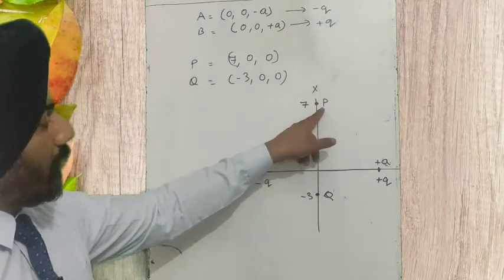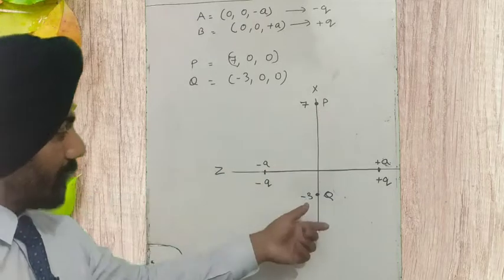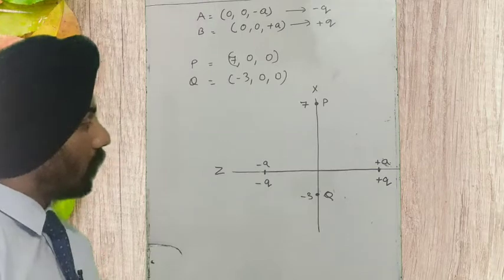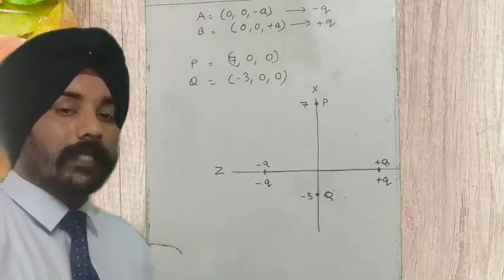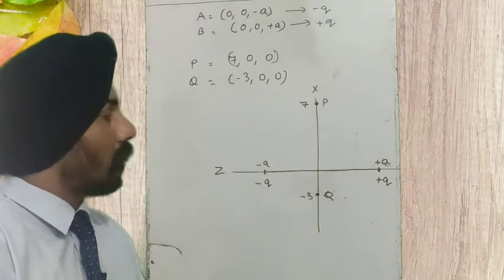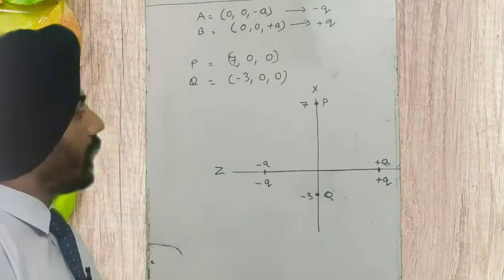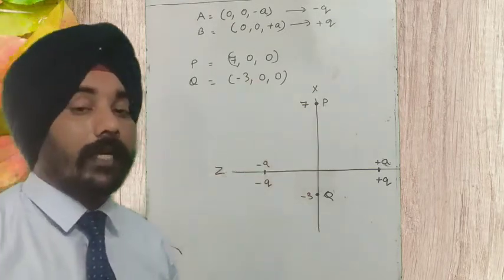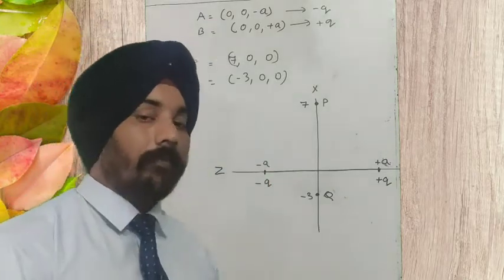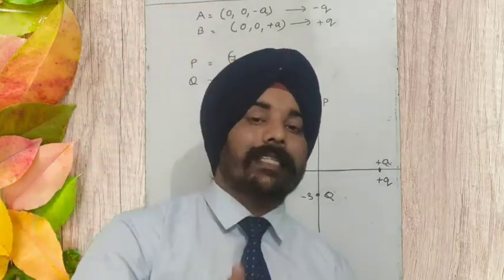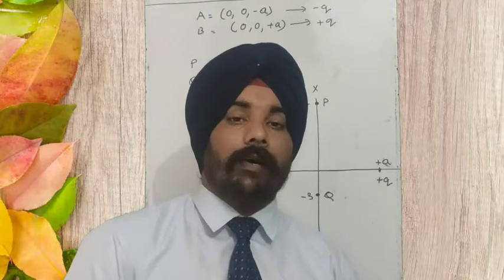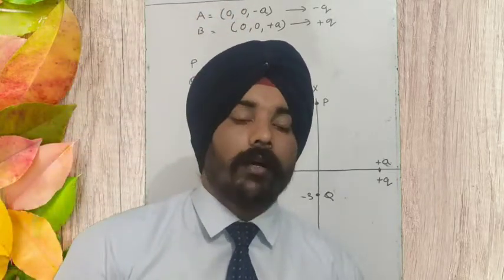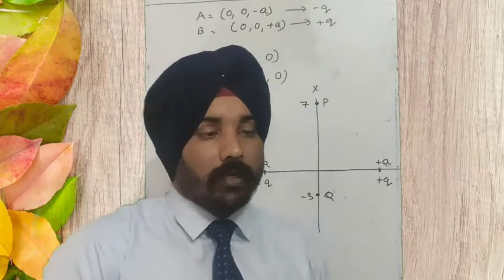So at the point P, what will be the potential? And at the point Q, what will be the potential? This is the axis passing through the center of the dipole, and as we just calculated, if any axis passes through the right bisector of the dipole, then at any point on it the potential will be equal to 0.